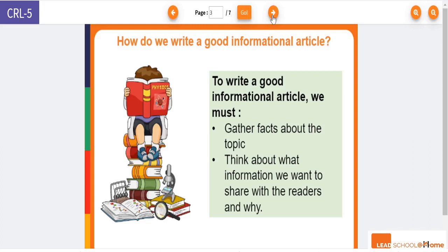You can write about the materials used in a bicycle. There are different things about which you could have written. But this author preferred to write and tell us about the history of bicycles, right? So we need to think about what information we want to share with the readers and why we want to share that information.